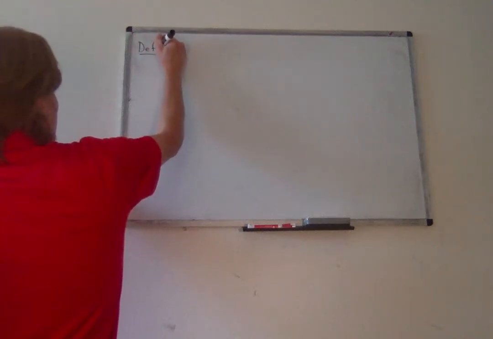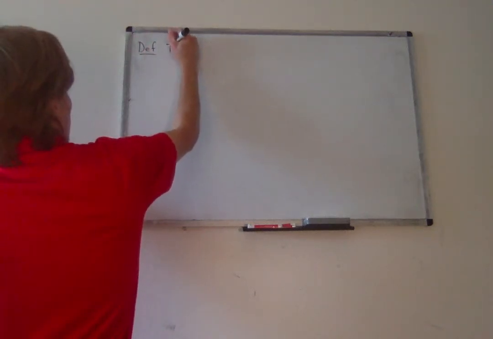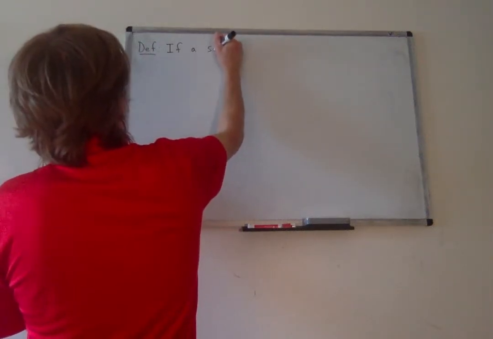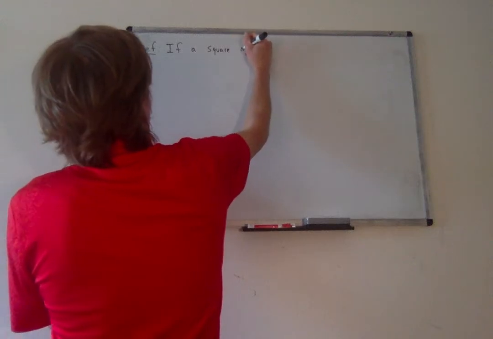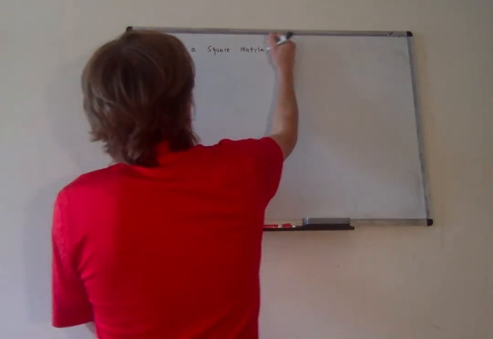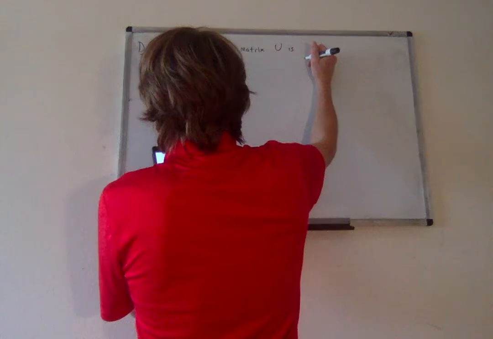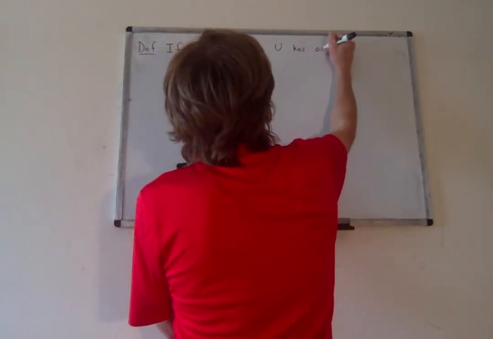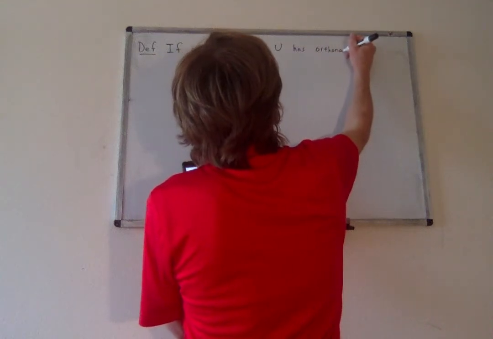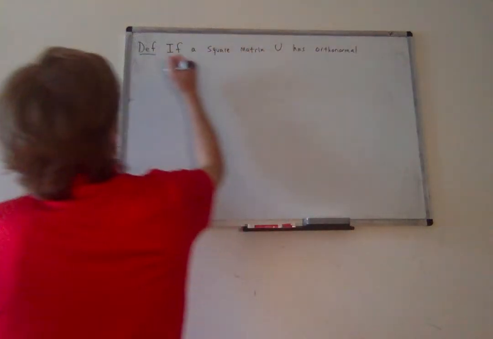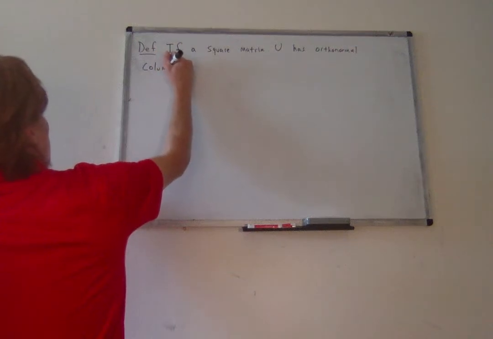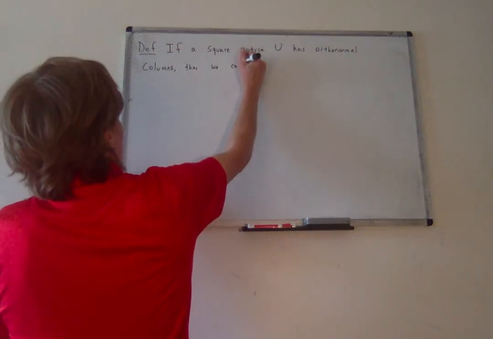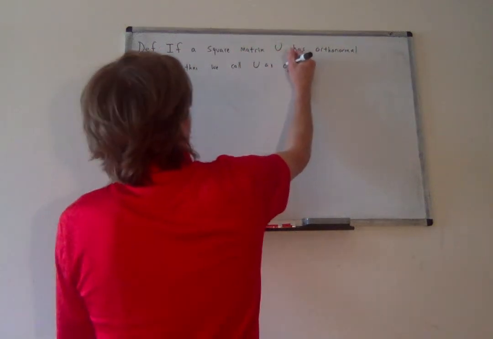So in the case that a matrix with orthonormal columns is square, so if a square matrix U has orthonormal columns, then we call U an orthogonal matrix.